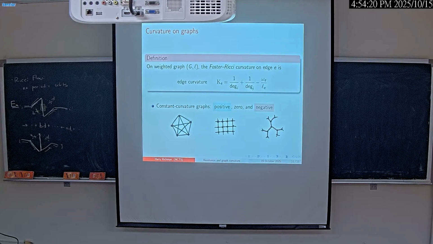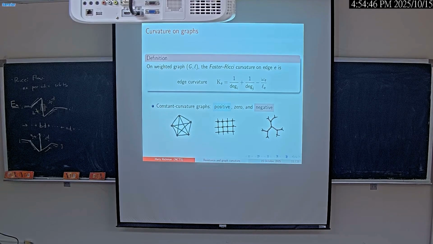And then the curvature. Right, so here I'm dividing by the resistance that's on this edge. The notation I was using earlier was omega ij.